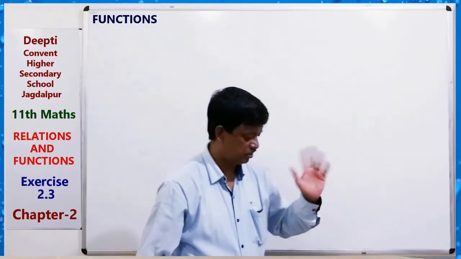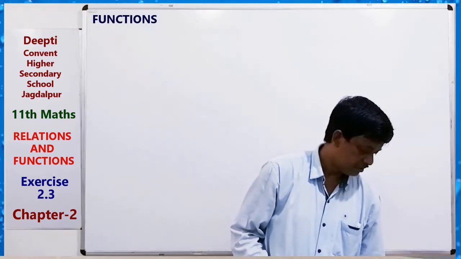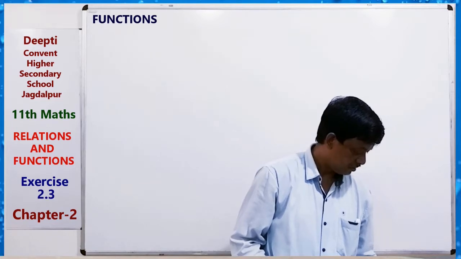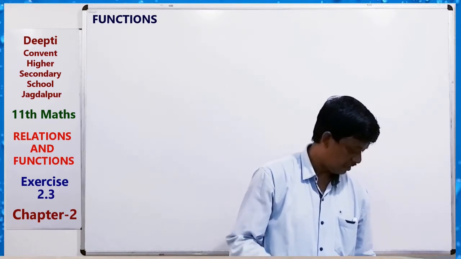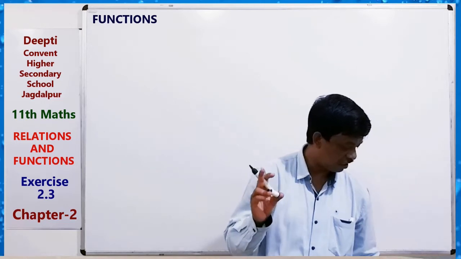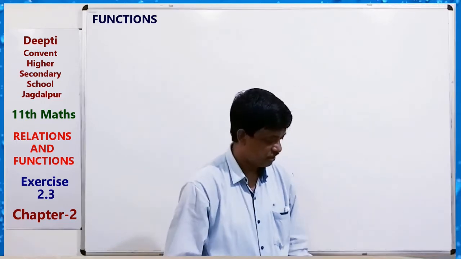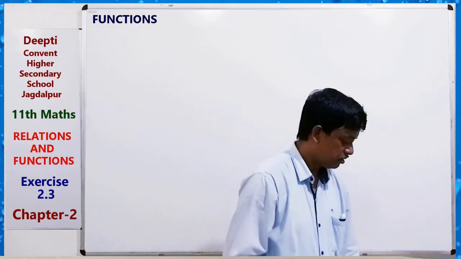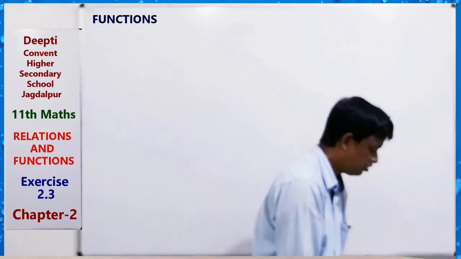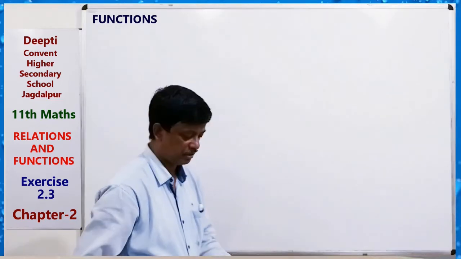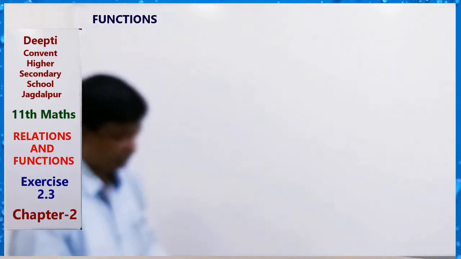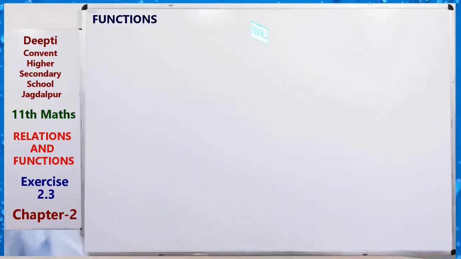These functions I will discuss, and also the algebra of real functions, in the next class. Just now we will solve the 2.3 exercise, so taking questions from exercise 2.3.